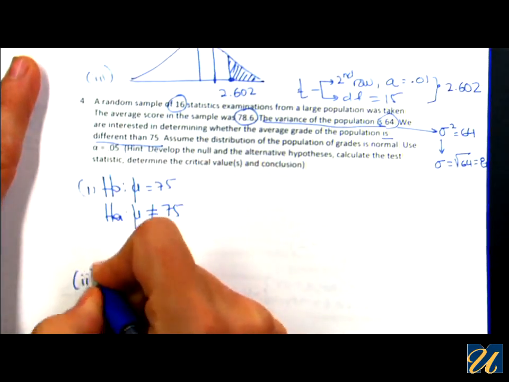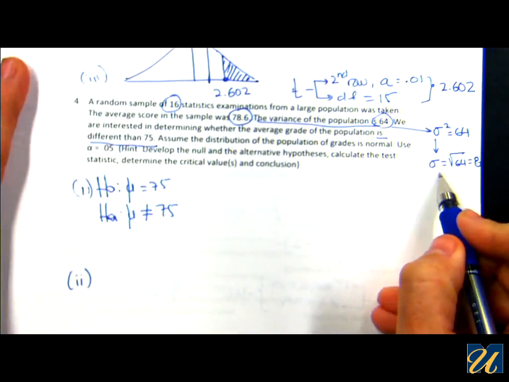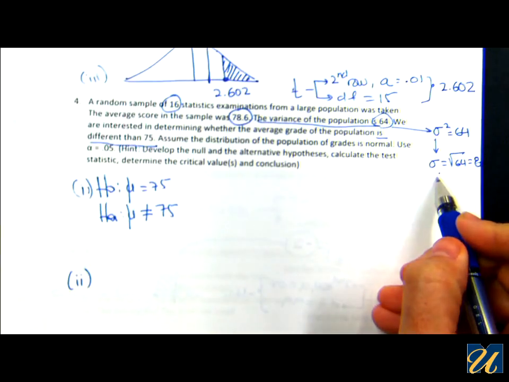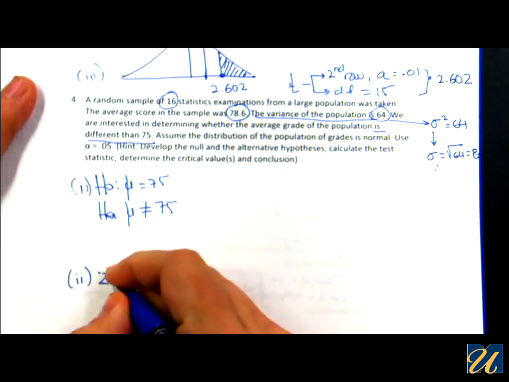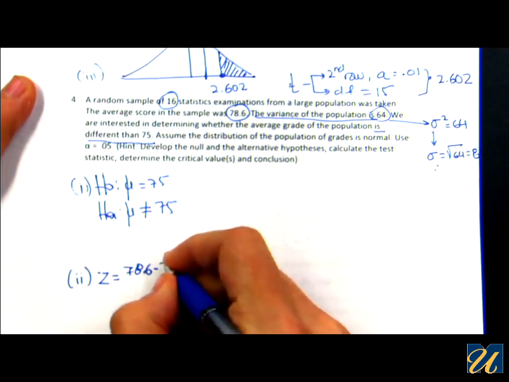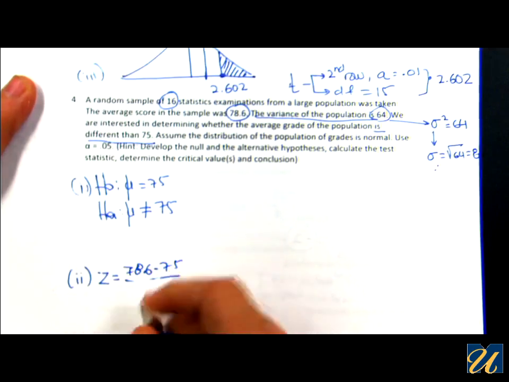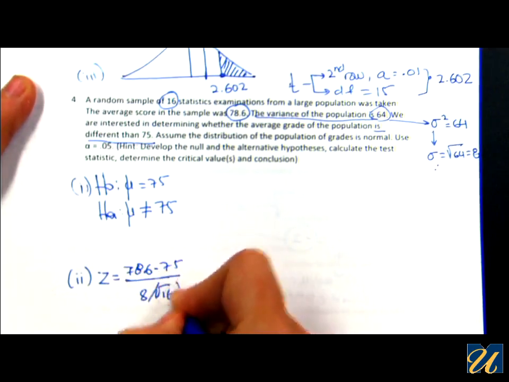That means I have a two-tailed test, and I also have a z-test because sigma is given. So for the z-score, for the test statistic, we will do 78.6 minus 75 over 8 divided by square root of 16.